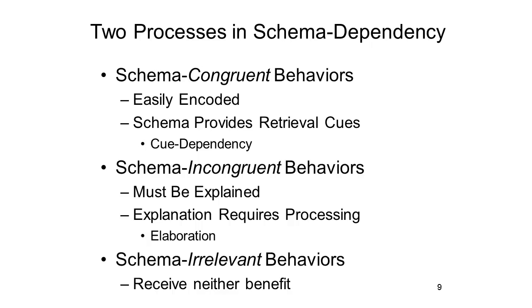Schema-irrelevant events, however, don't get either of these advantages. They're not unexpected, so they don't receive much elaboration at the time of encoding, nor does the schema provide effective cues to their retrieval. They get a kind of double whammy. And because of this double disadvantage, schema-irrelevant events are poorly recalled.